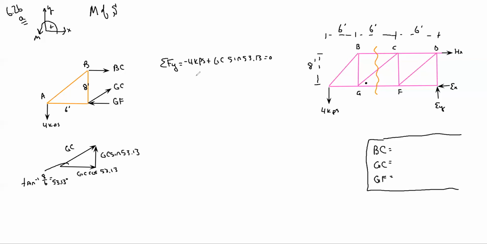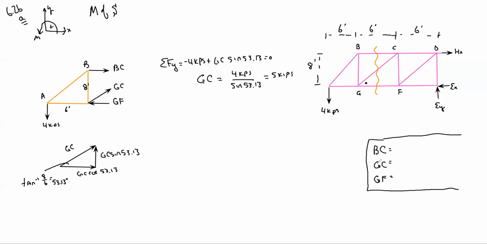Add 4 kips to both sides and divide both sides by sine 53.13, and we get that GC is equal to 4 kips divided by sine 53.13. Let me get my handy dandy calculator out. 4 divided by sine 53.13. Oh, I get 5. That's a bonus. 5 kips.